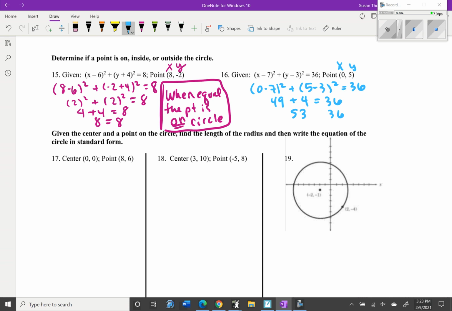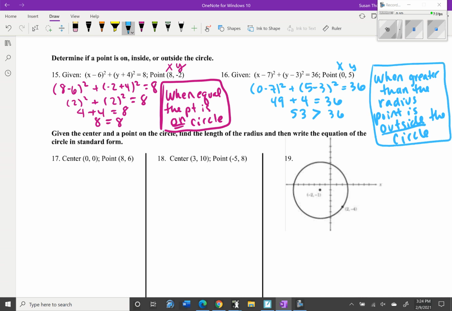We know 53 is greater than 36. So if it's greater than the radius, then we know the point is outside the circle. So the point for this one is outside the circle.